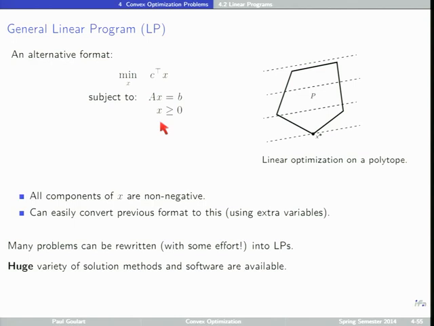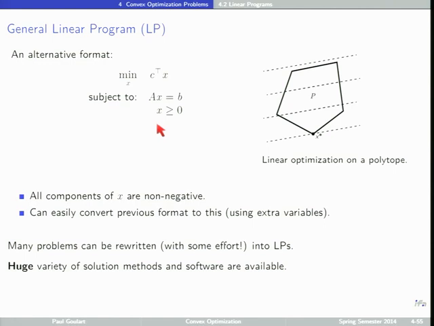Okay, and the feasible region looks exactly the same. It's a polytope. Actually, in this case, the feasible region would be the set of all non-negative variables, which is the positive orthant, which is like a cone-shaped set, and then you take Ax equals b, which slices through this set with some plane. Okay, and well, why should you prefer this one to the other? There's absolutely no reason why you should care which format you end up with, other than maybe your solver likes this way or maybe your solver likes the other way.